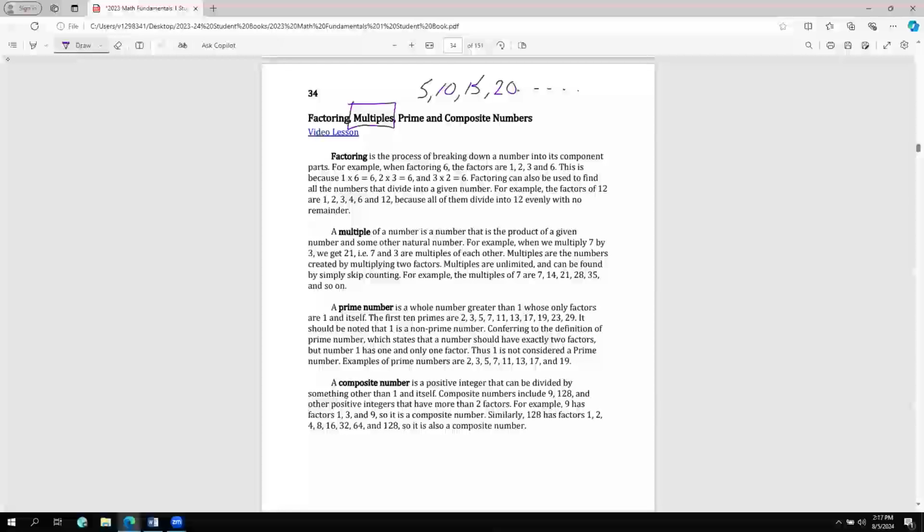Now, one of the things that you might have experienced this on, most people might know something called skip counting. Skip counting is a way of thinking about multiplication. Some students have trouble, like if I ask them, what is 6 times 7? They'd say, oh, 6 times 7, I don't know.